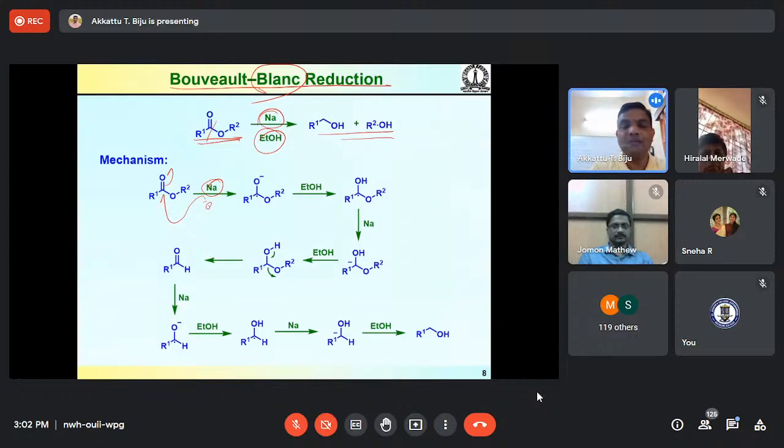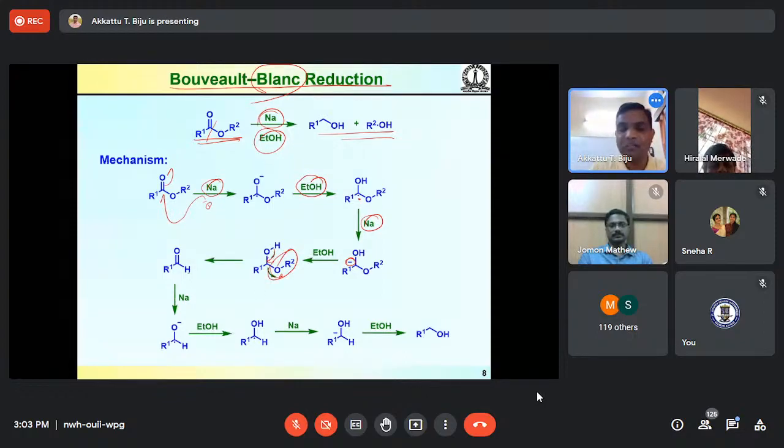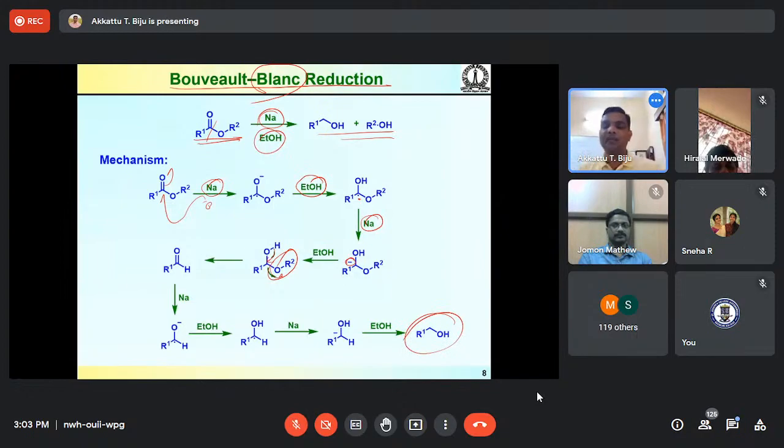In the presence of ethanol, the anion gets protonated to form a free radical, and this radical can attract another electron from a second molecule of sodium to generate an anionic species, which can again be protonated to form an acetal form. This acetal form can cleave the carbon-carbon bond to form the aldehyde, and the same process can proceed again. At this stage, R2OH is generated along with the aldehyde, which can again be reduced to a primary alcohol.